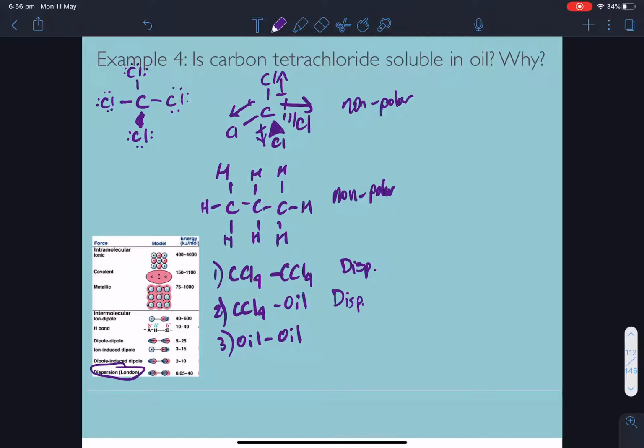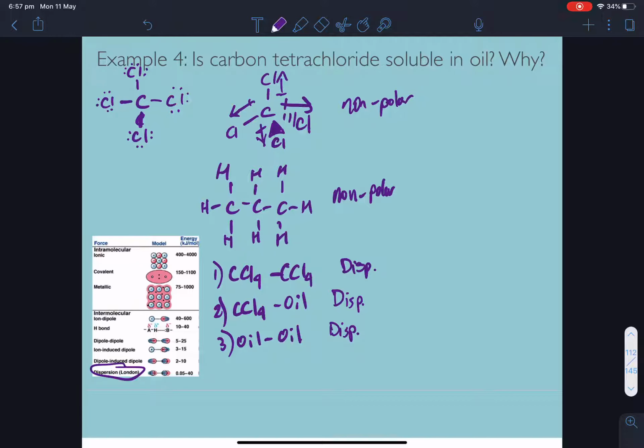Oil to oil, two nonpolar molecules, just dispersion. So here, the three possible interactions, although they're very, very weak, are of the same strength. So therefore, we will get a homogeneous mixture between carbon tetrachloride and oil.